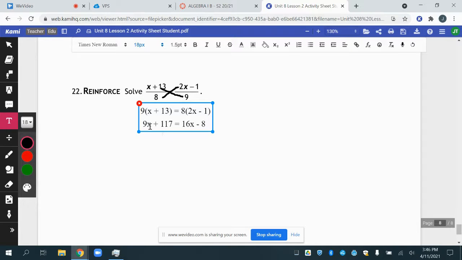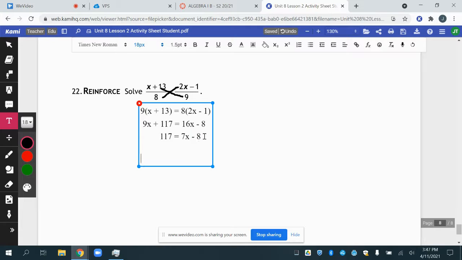There. Now I'm going to get rid of 9 x's from each side. Get rid of 9 x's, this will disappear, and this will become 7, because 16 minus 9 is 7. 117 plus 13 equals 7x minus 8. I'm going to get rid of the 8 by adding 8 to each side.